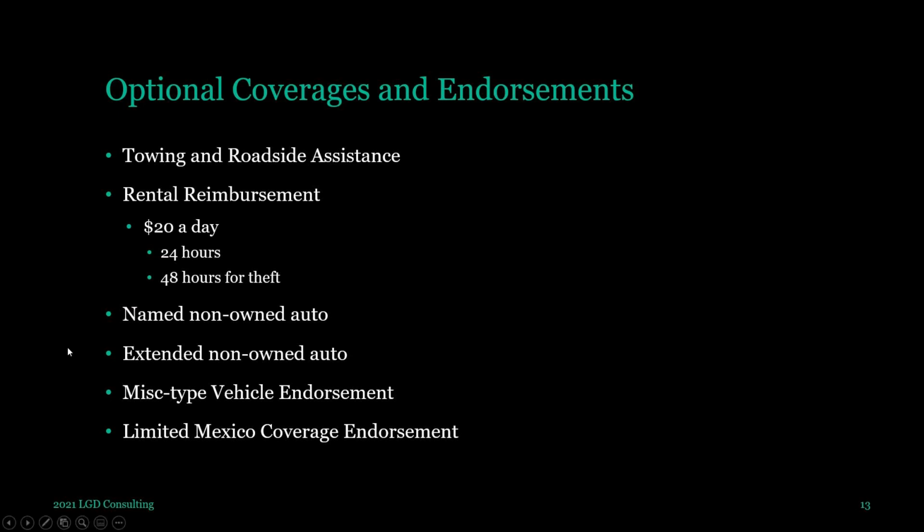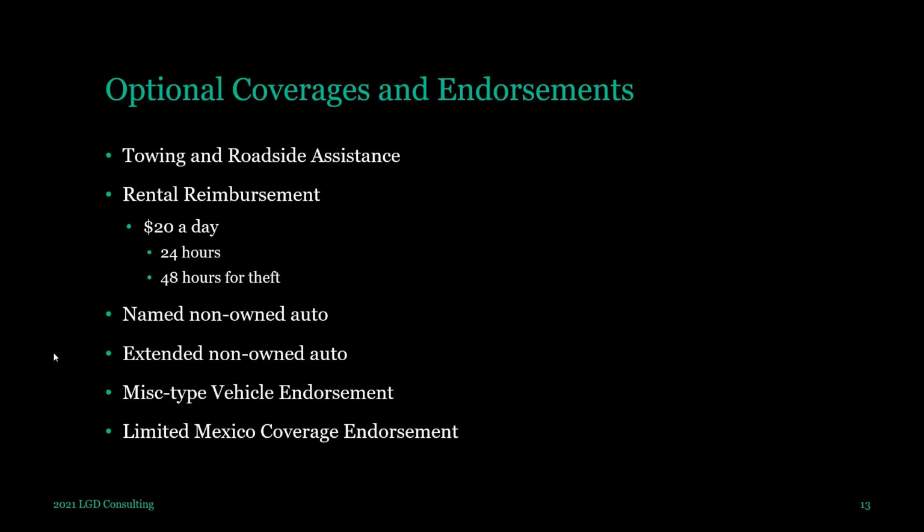Well, great. It's awesome. But have you looked at the limits? What if your company only got like 50, 100 in liability? And so you hit someone while going to the grocery store in a company car, they're going to sue the company, but now they're going to sue you for $250,000. Well, your company only got you $50,000. Well, your policy excludes coverage for vehicles furnished for regular use.